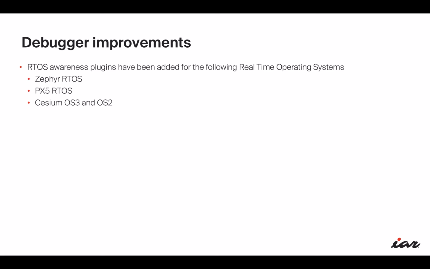There are some additional RTOS awareness plugins that have been added. The first one is the Zephyr RTOS, connected to the official support that we have for Zephyr RTOS. But we also have support here for PX5 RTOS, and then Azure RTOS ThreadX and OS 2 have been added in the debugger.